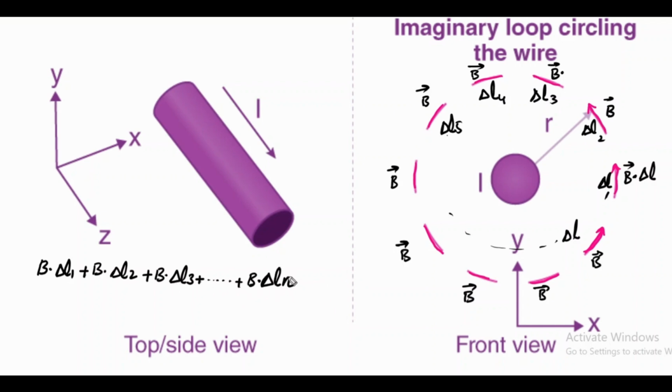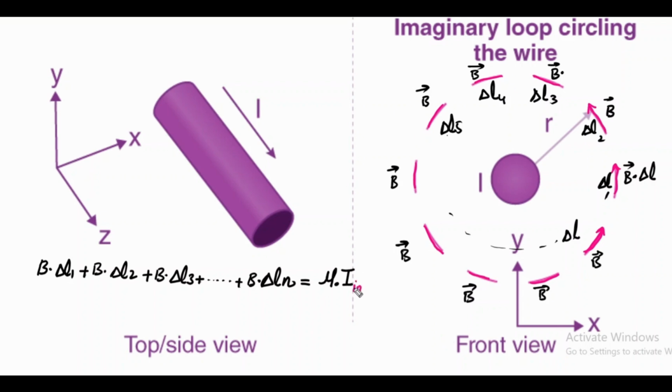So we will take the dot product of magnetic induction and del L at each and every part of the Amperian loop, and we will add that. According to Ampere, if you add this, it will be equal to mu naught times the current enclosed by that Amperian loop.